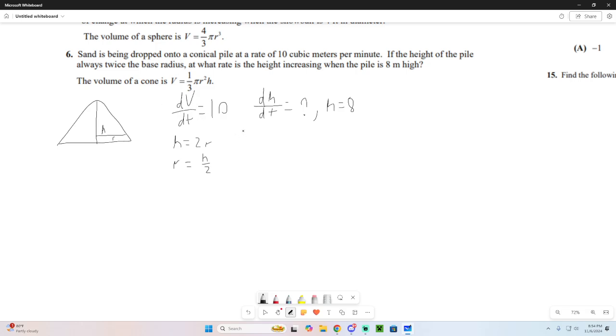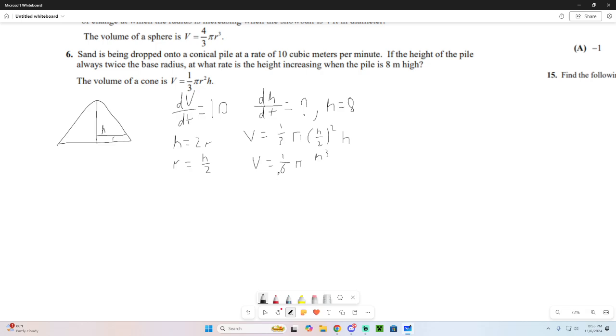So let me first substitute h over 2 into r here, so V equals 1/3 pi times (h over 2) squared times h. I'm going to go ahead and simplify that, so 1/3 pi h squared times h is h cubed, and then over 2, I can just turn this over 3 into over 6.